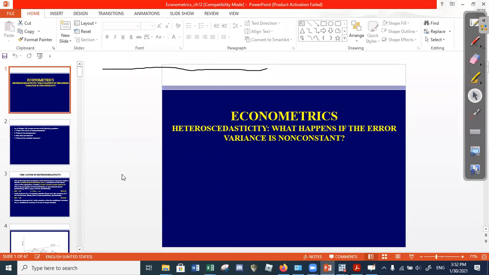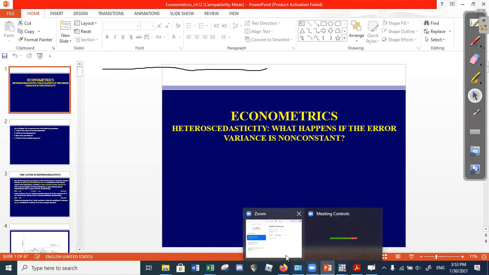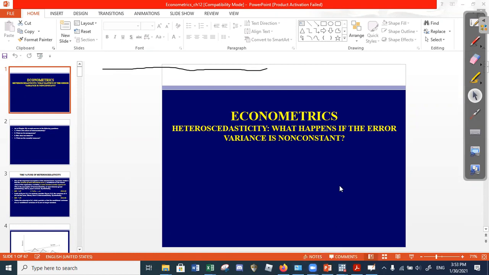Now let's go to what we call heteroscedasticity. Is everyone still here? Yes, sir. Right. Okay. So heteroscedasticity originally refers to one of the violations of the assumptions of classical linear regression model, right?